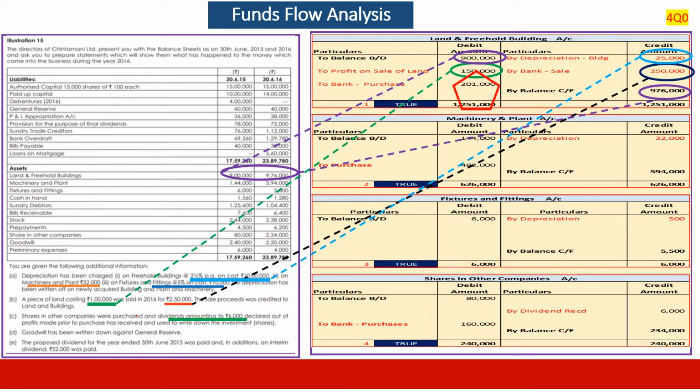As a result, accounts total is 12,51,000. Out of that, 9 lakh opening, 1,50,000 is profit on sale of land. Difference is addition to land, 2,01,000 to bank. It is an outflow which is missing, hence we put in a pentagon.